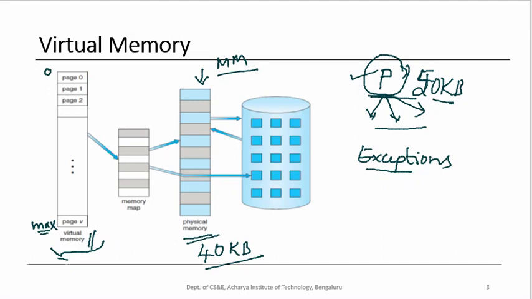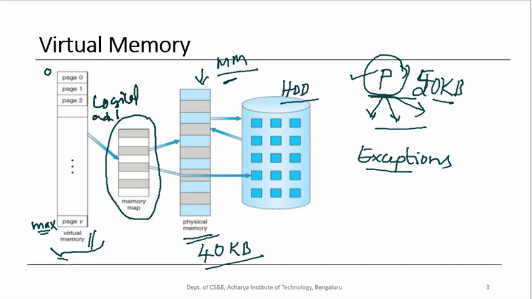Therefore the program P is divided into multiple pieces called pages and kept in the hard disk, and only a few of those pages are brought into the main memory, and there is a memory map logic that maps the logical address generated by the CPU, which can also be called the virtual address, to the physical address of the main memory. Okay, this is the concept of virtual memory.